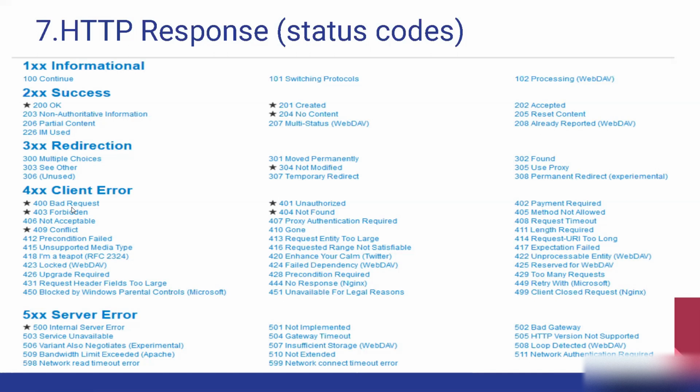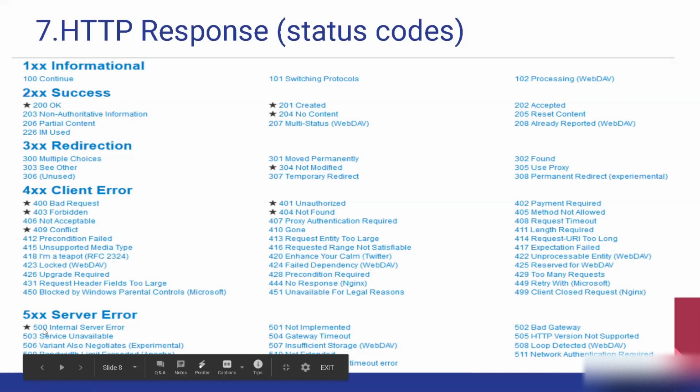For bad request, let's say you are hitting an API with invalid data, then you get bad request. And 405 is another important one, where the API is defined for POST action and you are hitting it with GET action, let's say, then you will get method not allowed.